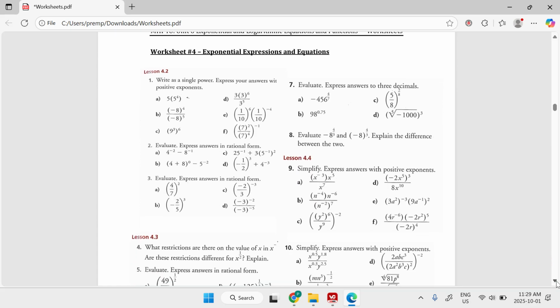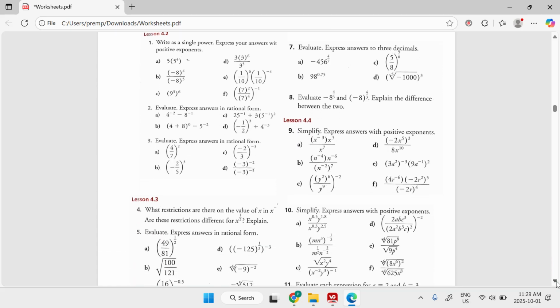Now here this is an example of the work where we have to write these exponents as a single power of any base that we have there. Like if you see this, say I'm going to do question number f. First you have to solve the inner part.